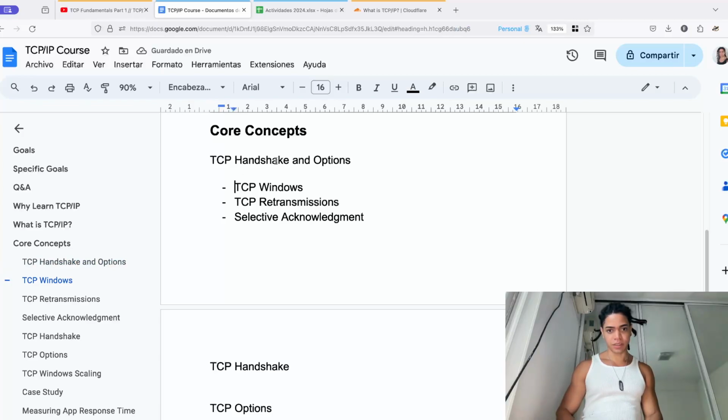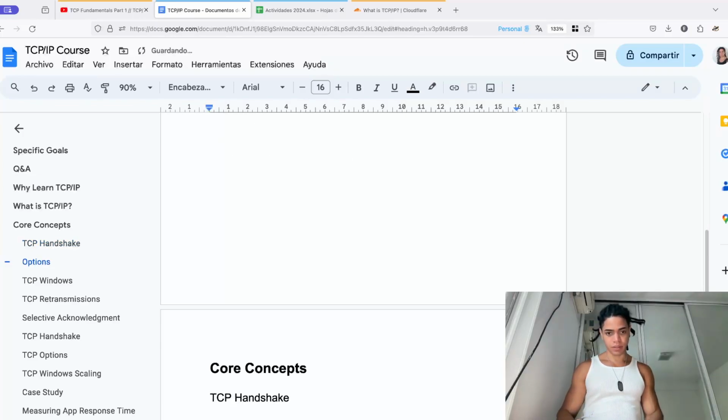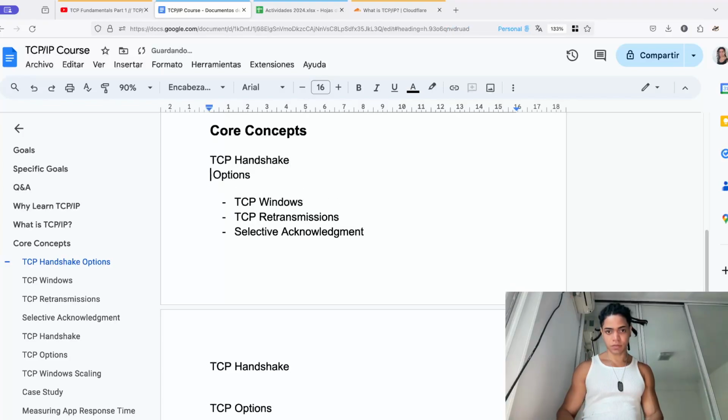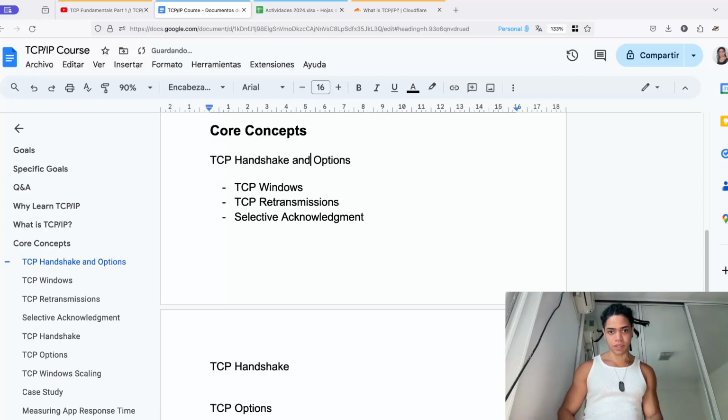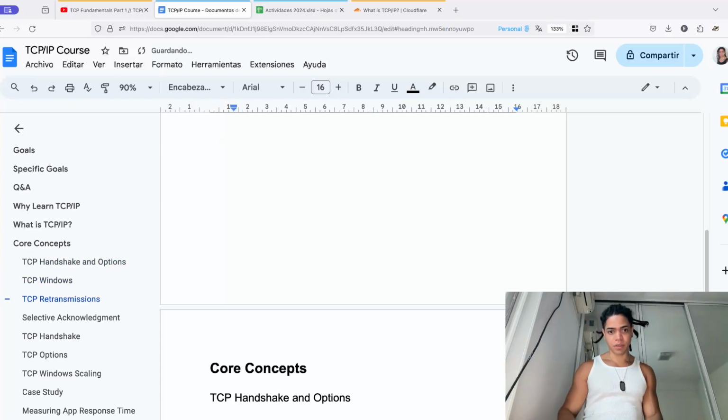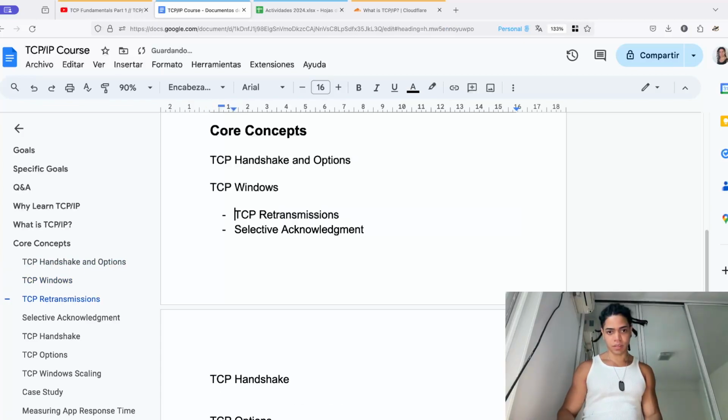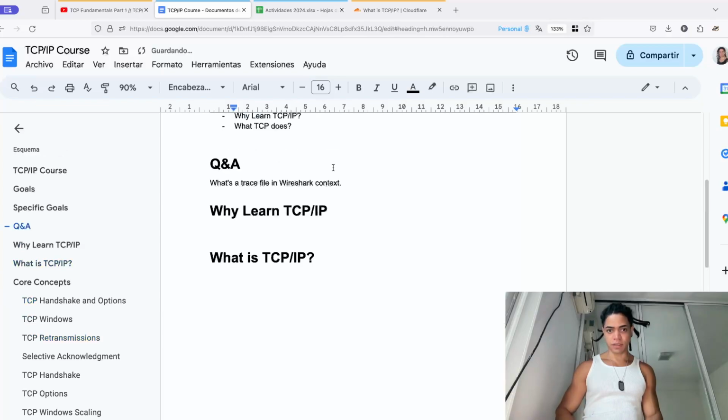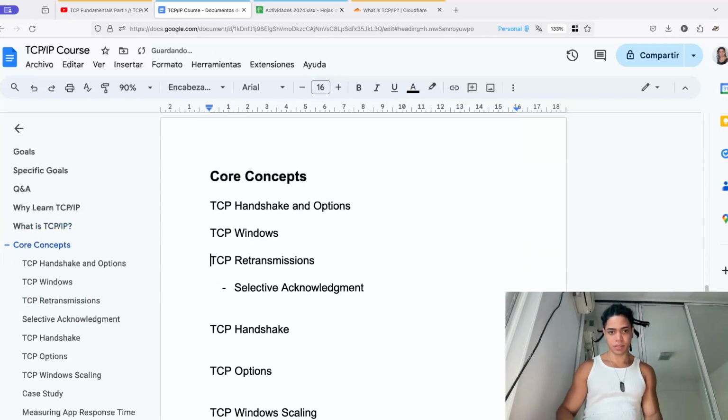TCP handshake and options. They put them in the same section, which is interesting. TCP windows.